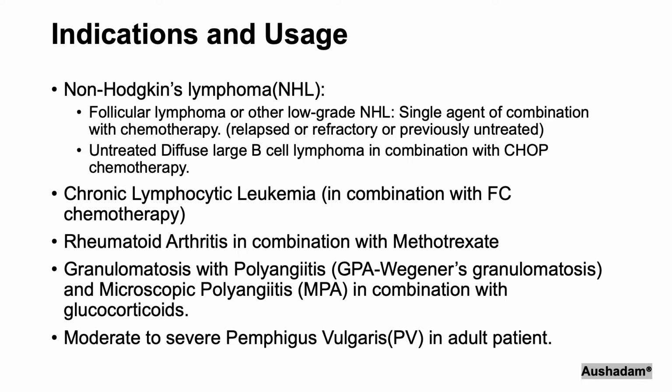It is also used in many autoimmune conditions, including rheumatoid arthritis in combination with methotrexate, or granulomatosis with polyangiitis, also previously called Wegener's granulomatosis, and microscopic polyangiitis in combination with glucocorticoids. It is also approved for moderate to severe pemphigus vulgaris in adult patients.